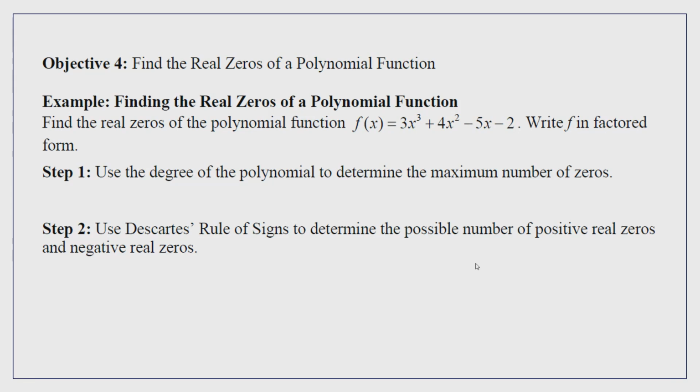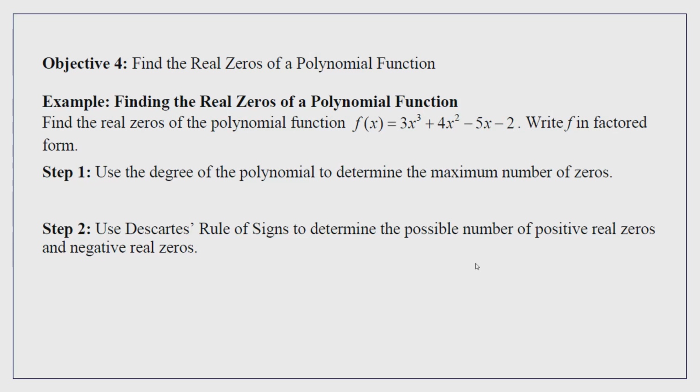And it's broken down in steps for us. So let's find the real zeros of the polynomial function f of x equals 3x cubed plus 4x squared minus 5x minus 2. We're going to write f in factored form at the very end because we would have all the zeros. So in step 1, we're going to use the degree of the polynomial to determine the maximum number of zeros.